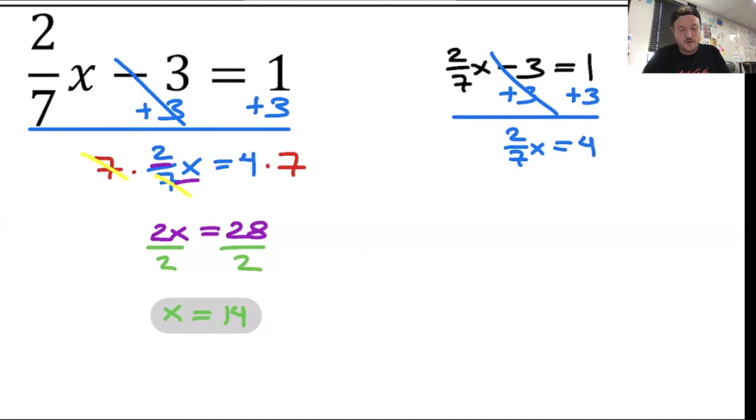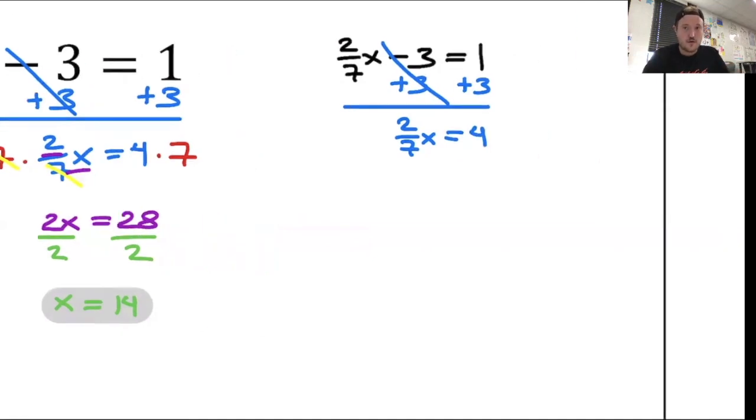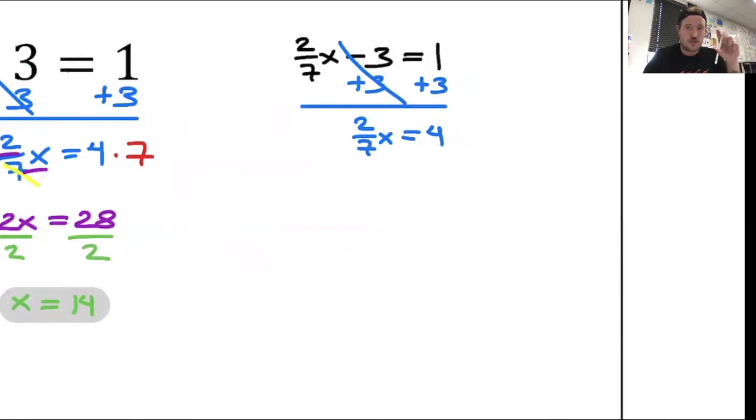To do it in 1 step, I'm going to multiply by what we call the reciprocal. The reciprocal is if you literally just take the fraction and flip it. So instead of 2/7, I'm going to multiply by 7 over 2. When you're multiplying, the 7 over 7 here simplifies. The 2 over 2 here simplifies.